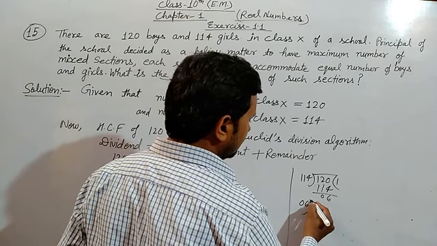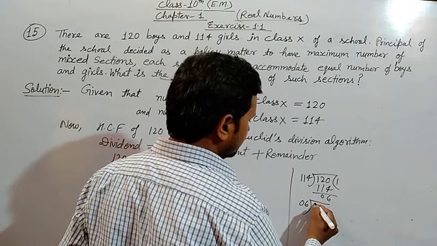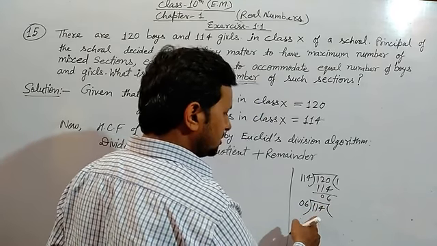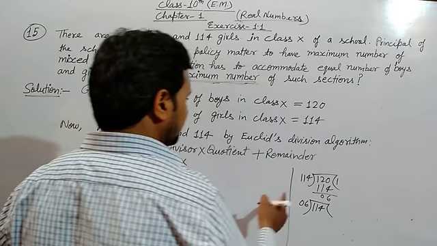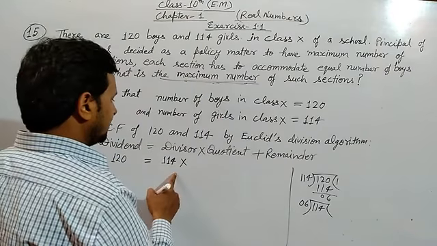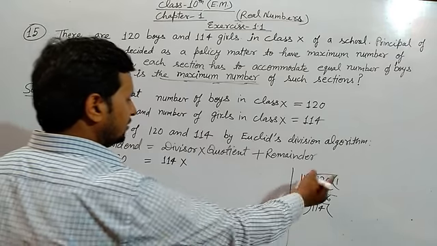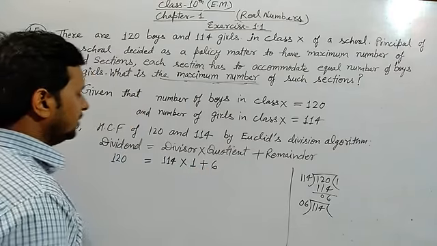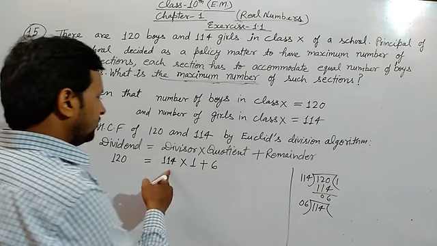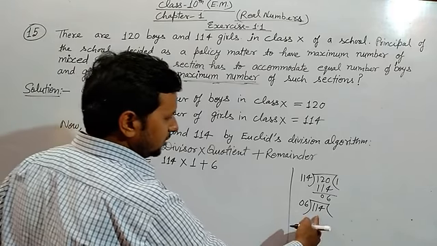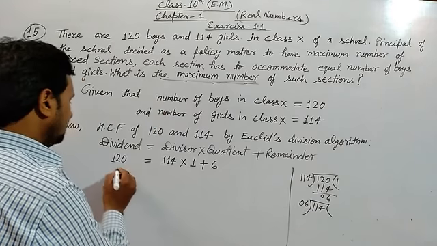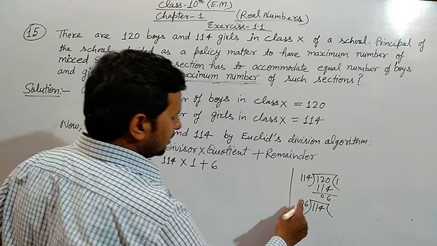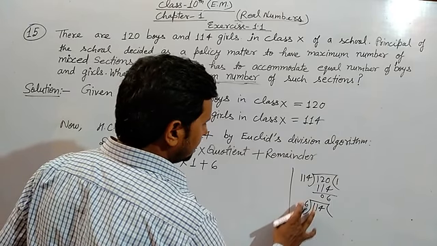Now 6 is again dividing here, means 114 is divided by 6. First of all, we set here our first step: 120 equals 114 into 1 plus 6, so quotient is 1 and remainder is 6. Okay. Now in the second step, 114 is the dividend and the divisor is 6.